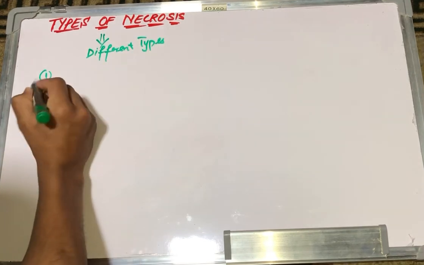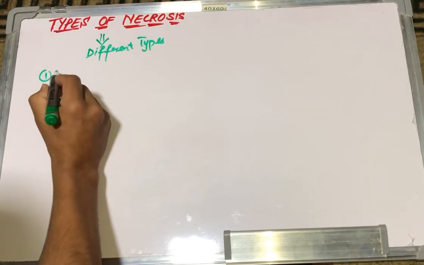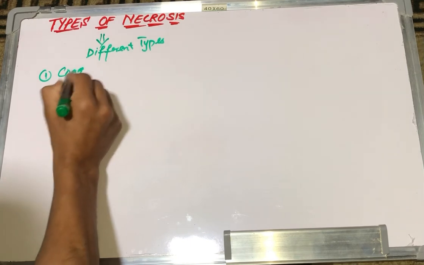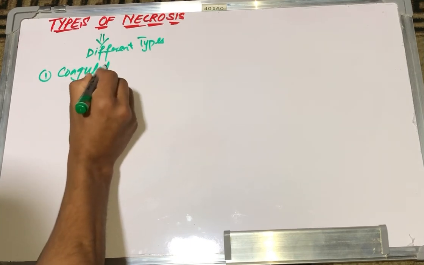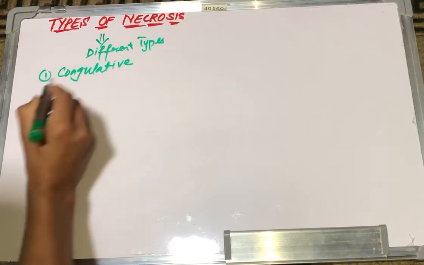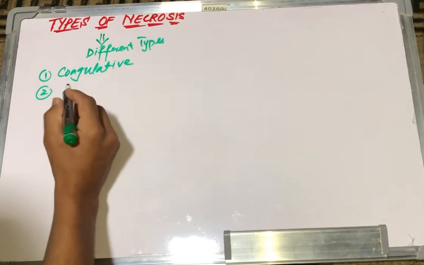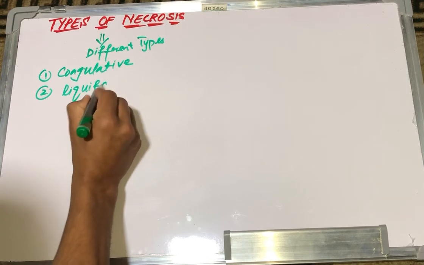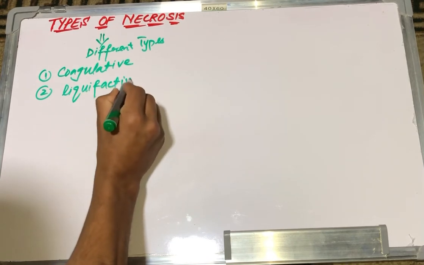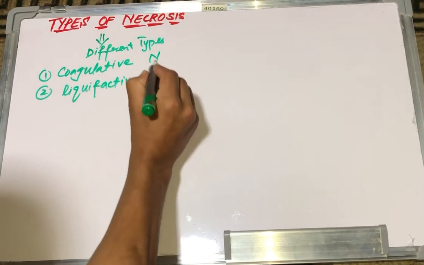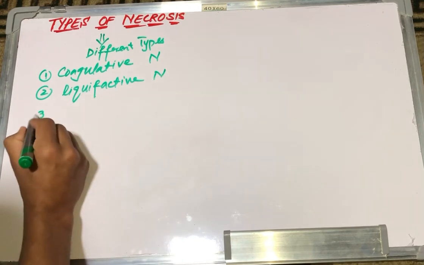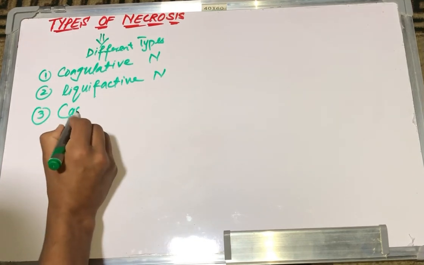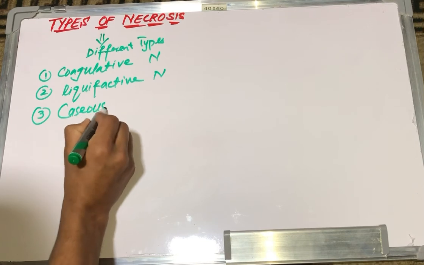Number one, coagulative necrosis. Number two, liquefactive necrosis. Number three, gaseous necrosis.